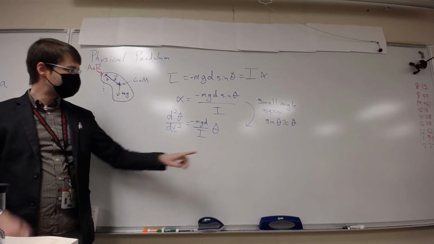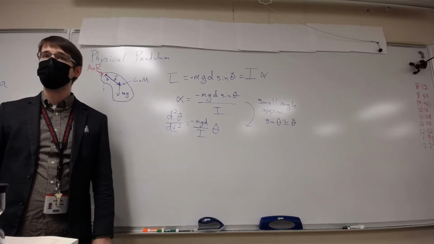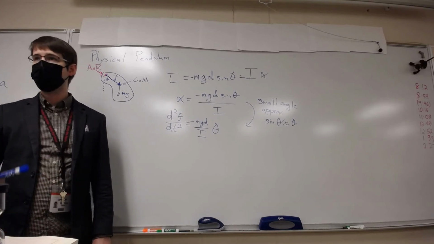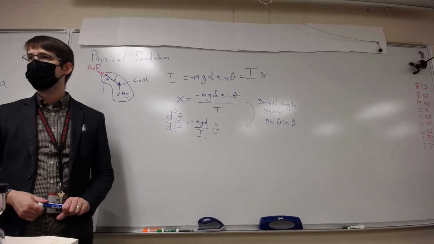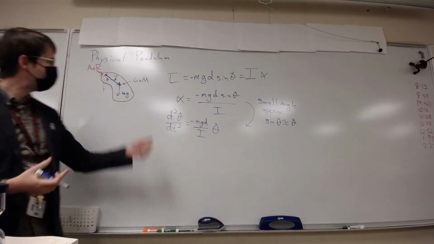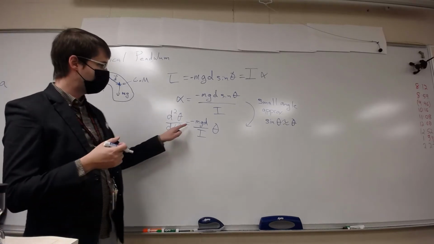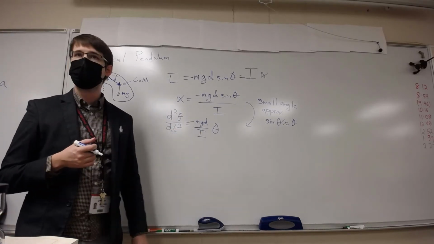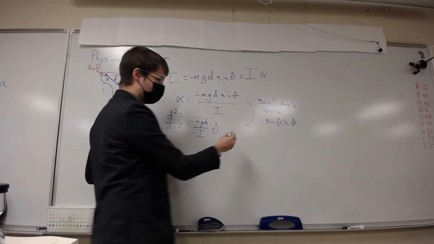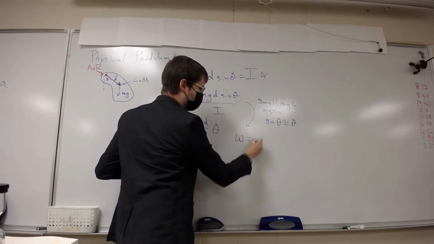And what we know as well is that this constant here is equal to omega squared. mg d over I is equal to omega squared in this case. So that's something that we've just derived. We now have figured out for a physical pendulum that this is the angular frequency, omega, well, the square root of that. And so this is the equation that we just derived for you here.